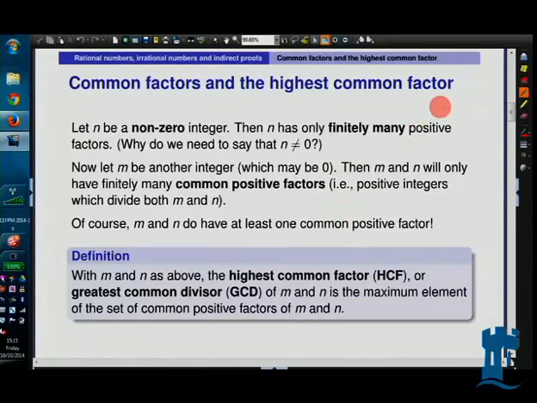Right. So now I want to talk about common factors, which you could also call common divisors. And the highest common factor is also known as the greatest common divisor.